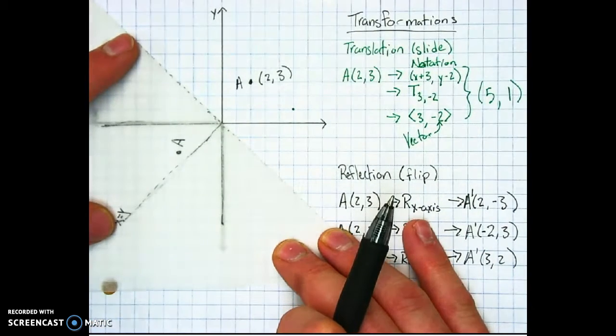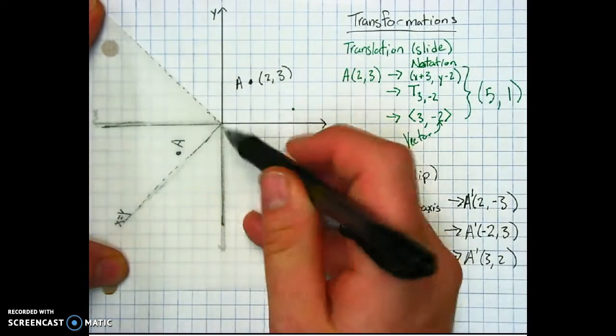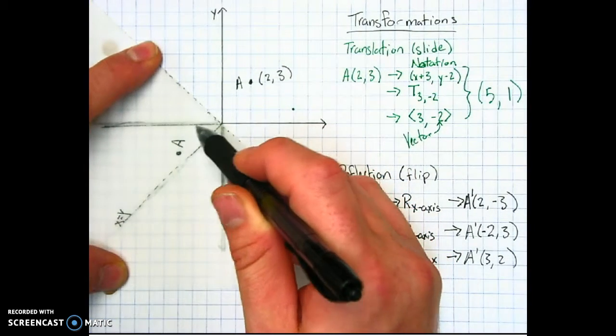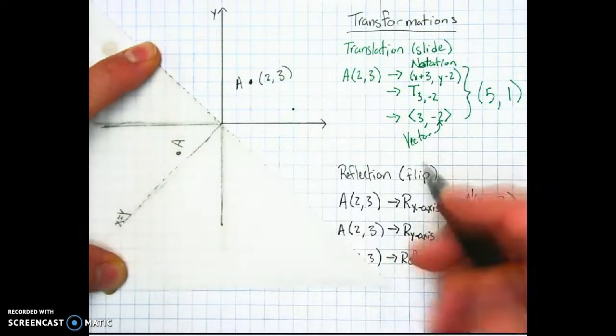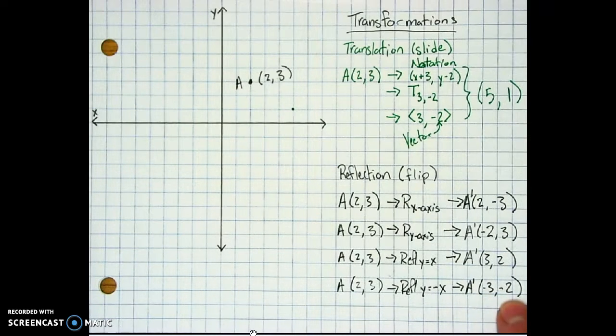You can see that reflecting it over the line y equals negative x gives us the point negative 3, negative 2. Here you have the original point 2, 3, reflected over y equals negative x, is A prime, negative 3, negative 2. Next we're going to take a look at our different types of rotations.